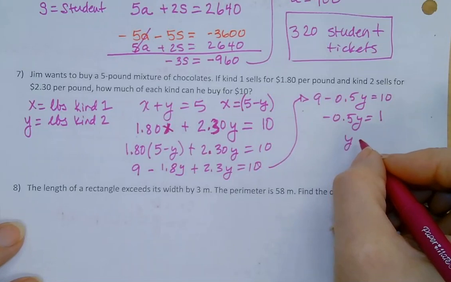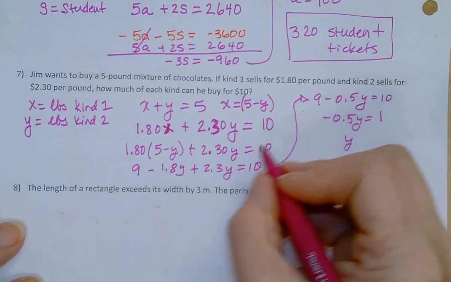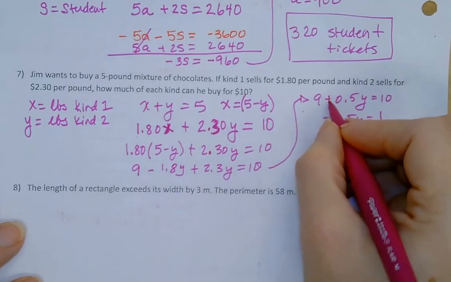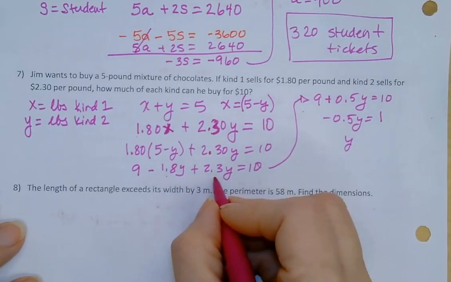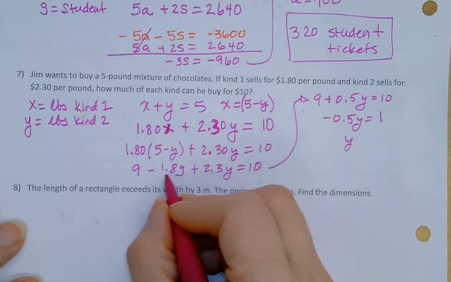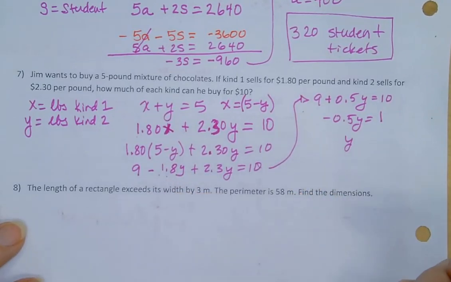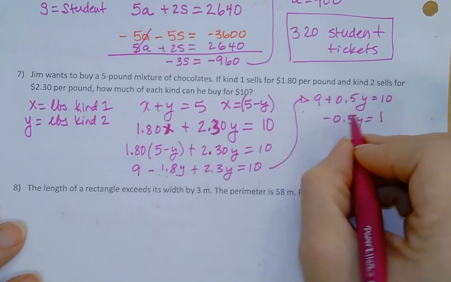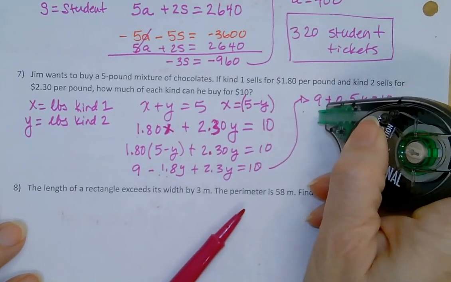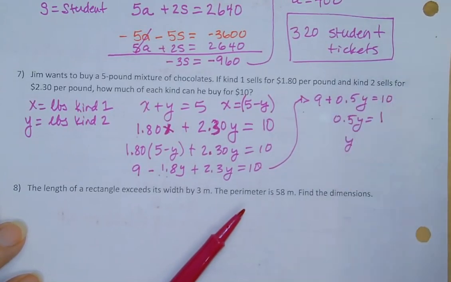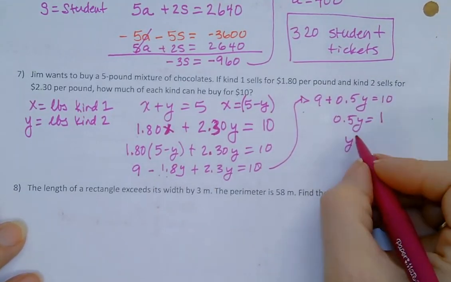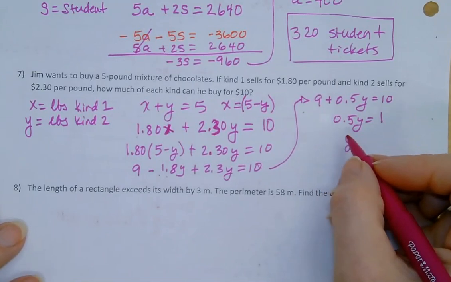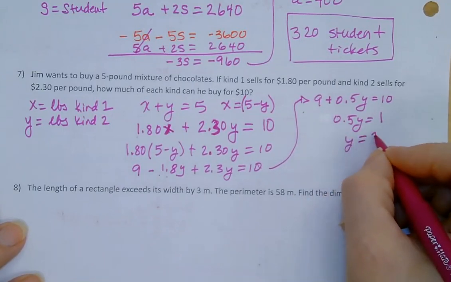Sorry, that's plus. Negative 1.8y and 2.3y, it's really positive, right? Because 2.3 is bigger than 1.8. So 9 plus 0.5y equals 10, which means 0.5y equals 1. So I am dividing by 0.5 or dividing by 1/2, and that means that y equals 2.